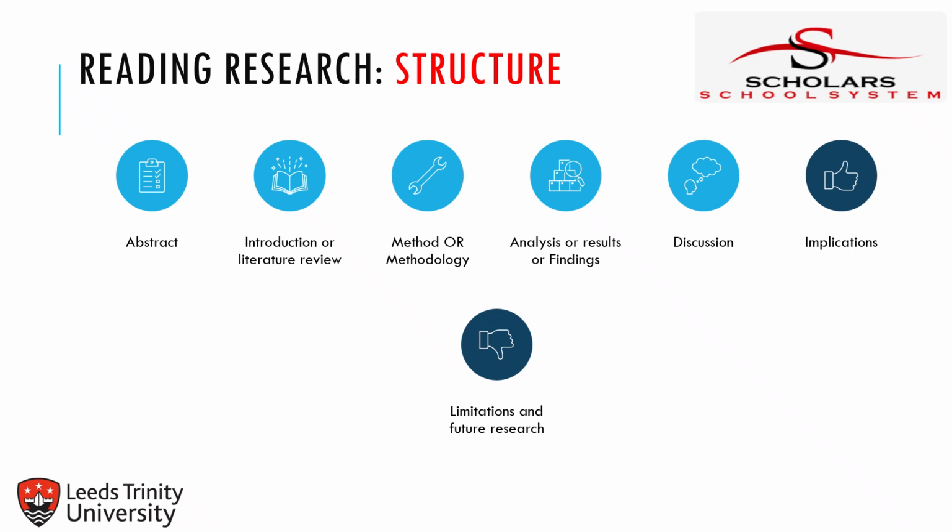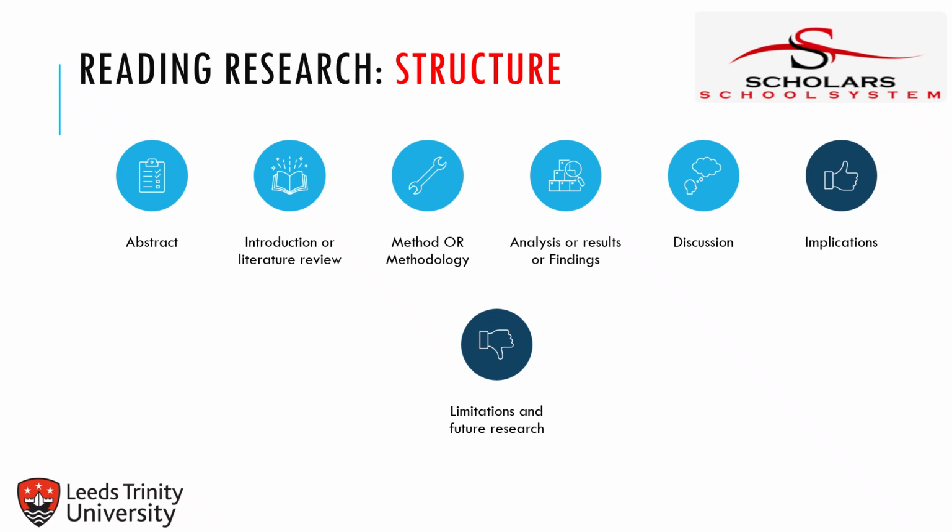On this slide, the complete structure of a research journal article has been given. First of all, you can see the abstract of the research article. Further, you can see the introduction or literature review, that is, the background about your selected area of research.